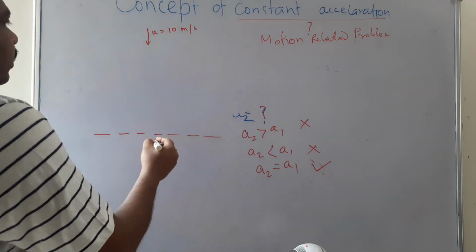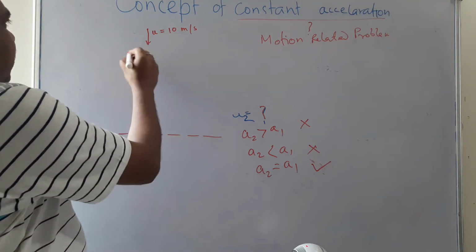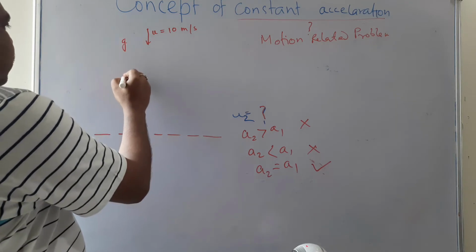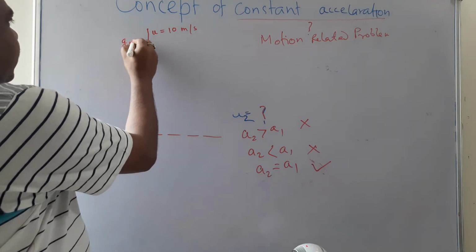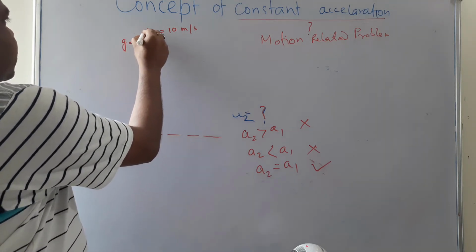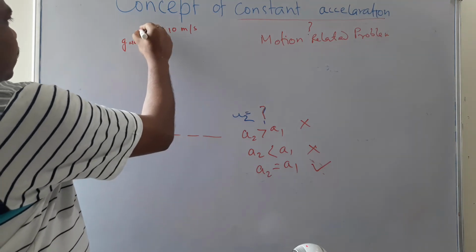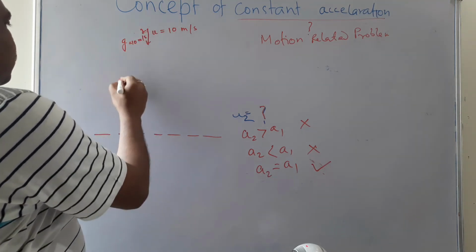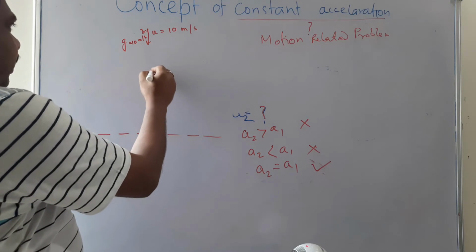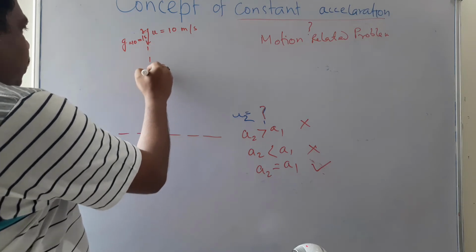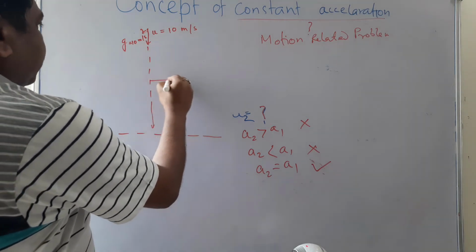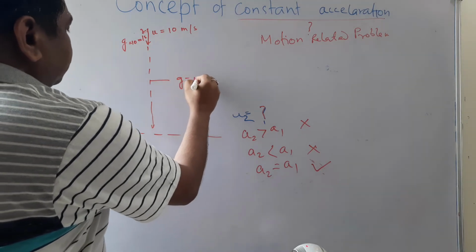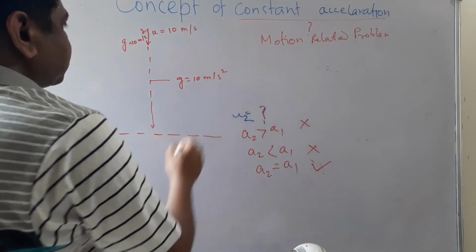Here g is constant, let's say 10 meter per second square. This is constant throughout the path, right? If this ball is moving in this direction, here also g equals 10 meter per second square.